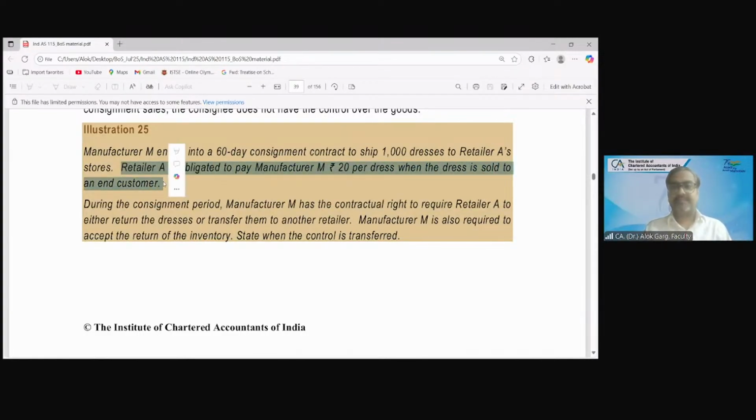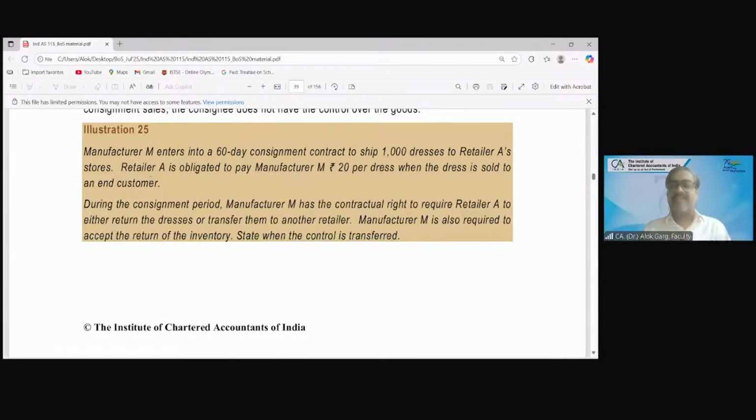Important line. What is important here, Swaminathan? Sir, the important thing is that when the retailer sells, only then is he responsible to pay the money to the manufacturer. Yes. Till the time these dresses are lying in retailer A's store, he is not obligated to pay any money.